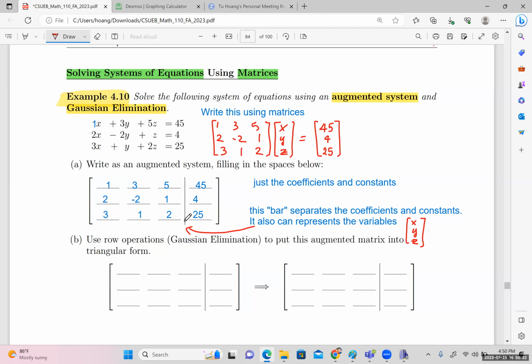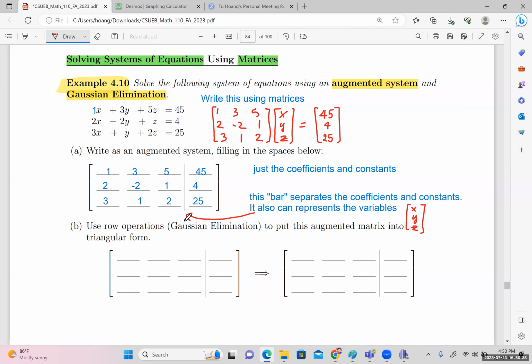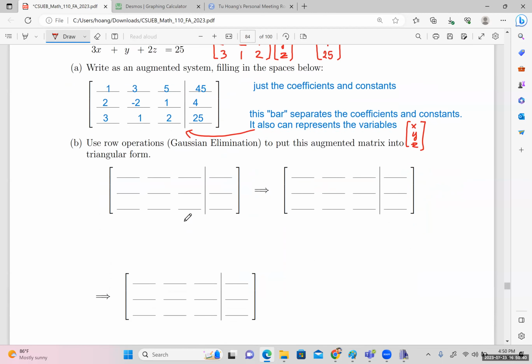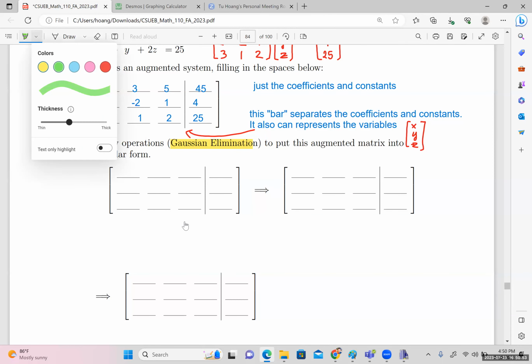Now let's go ahead and do step 2, or part B. I want to use row operations, which is Gaussian elimination, to put this augmented matrix into triangular form.